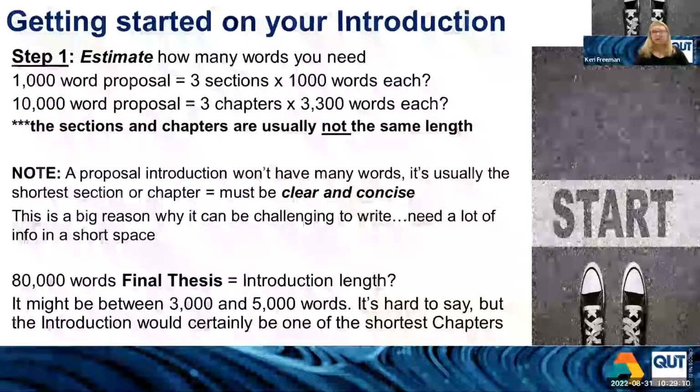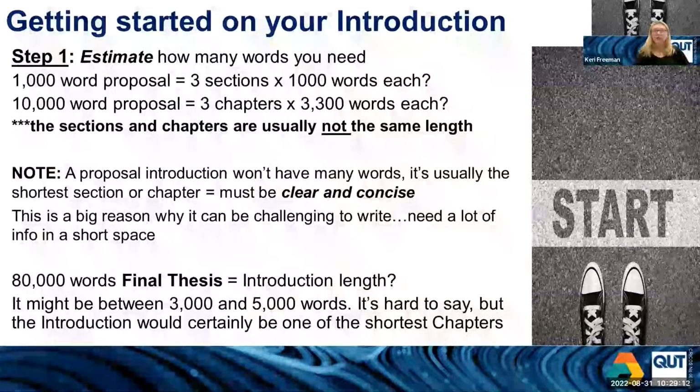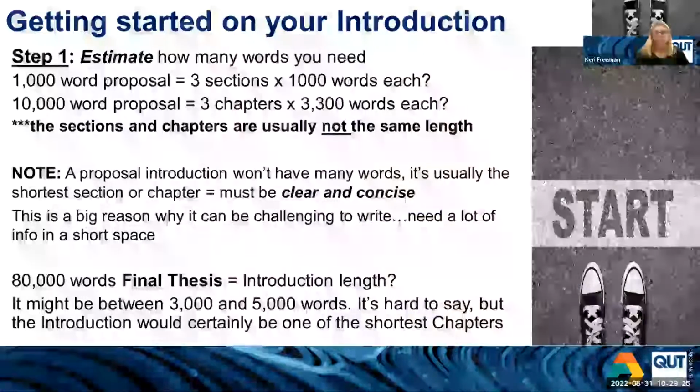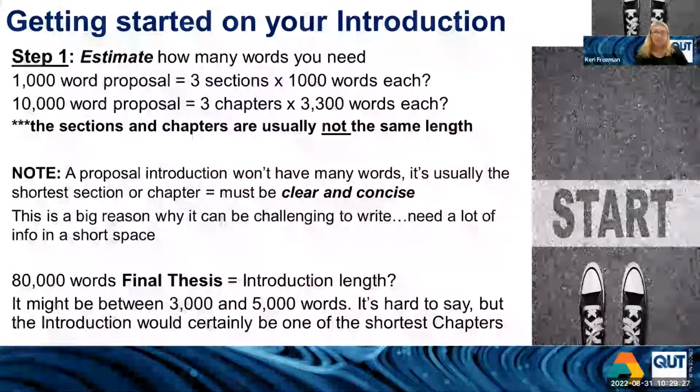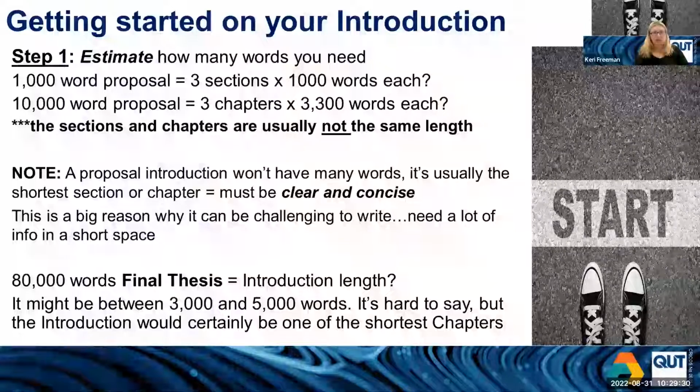So getting started, I talk about this idea a lot of figuring out how many words you need, which can help with that draft structuring. If you're doing a proposal, it might be 1,000 words. So would you have 3 sections at 1,000 words each? Probably not. Your introduction would potentially be the shortest section, wouldn't it? The same with a 10,000 word proposal, the same with the final thesis.